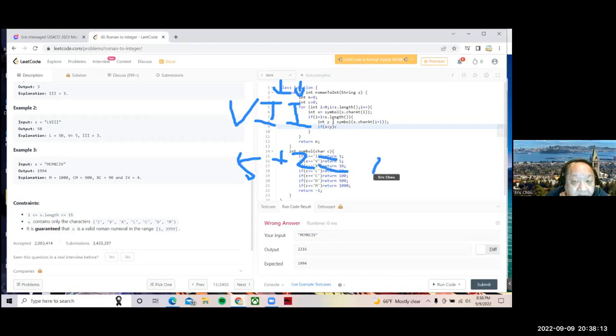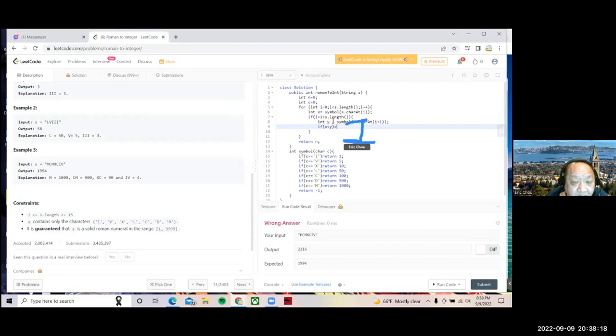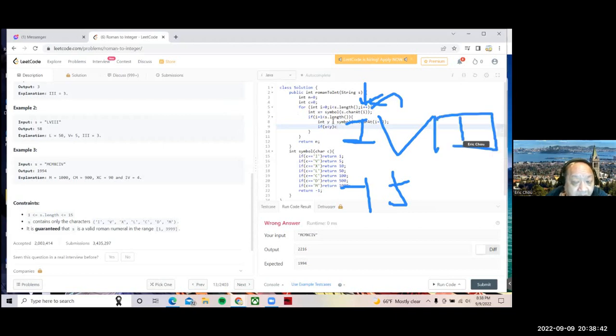It's also possible that you have IV, so this one is 5 minus 1. Remember, when I happens on the V's left side, it would be minus 1 instead of plus 1. You use the hash map still, but you need to deal with I on the right side of the V and also I on the left side of the V.